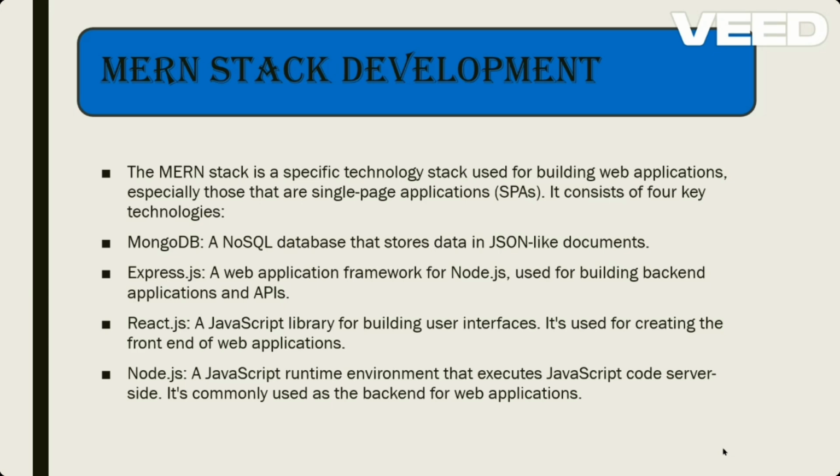ExpressJS is the web framework used for building the backend applications. React.js is the JavaScript library used for creating the front-end web applications. Node.js is the runtime environment that executes JavaScript code on the server side, and it is commonly used in the backend for web applications.